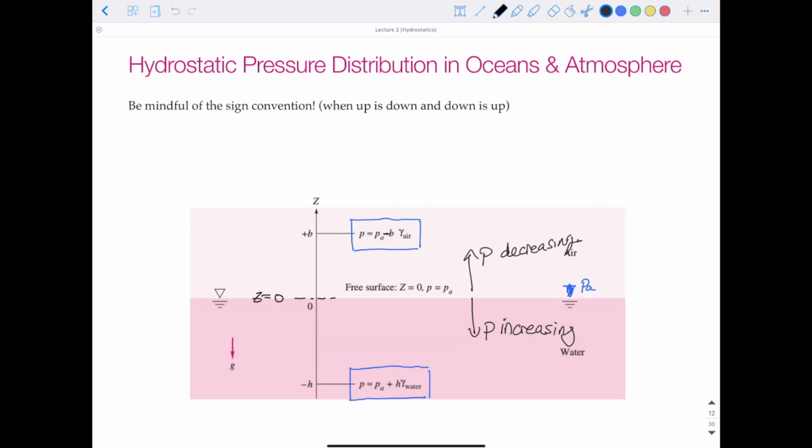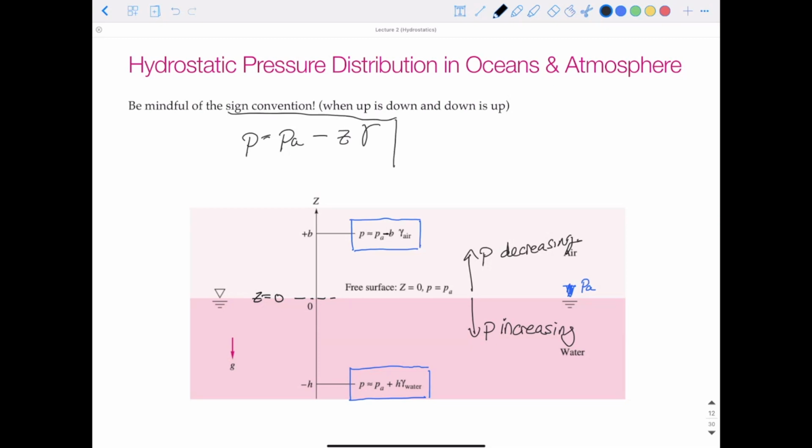So the main equation would be pressure is equal to PA minus z gamma.